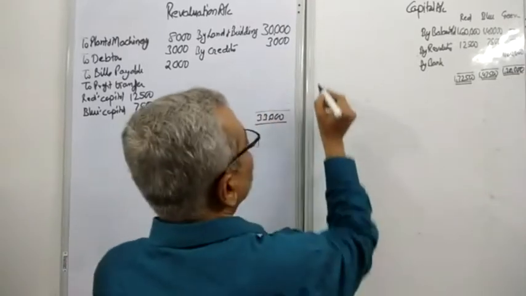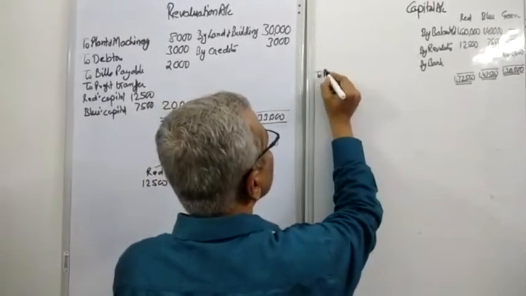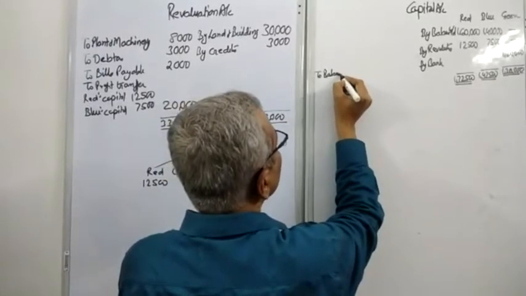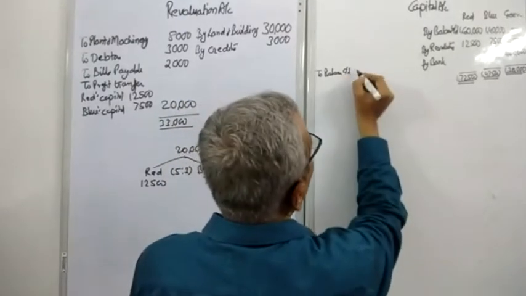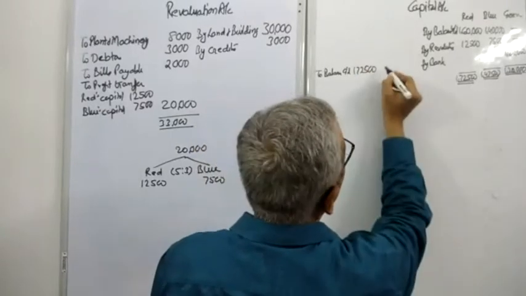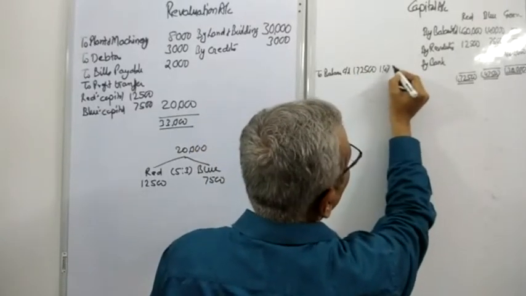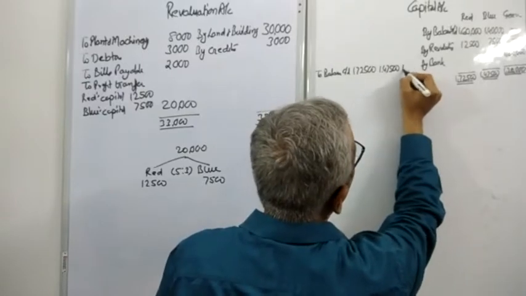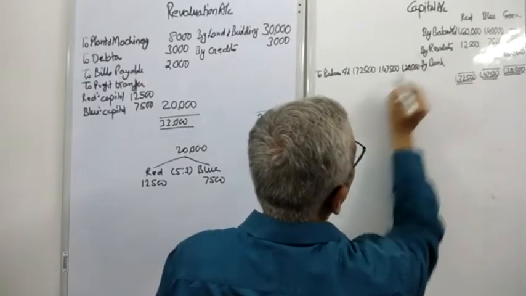So let us go to the debit side and write to balance carried down, 1,72,500 for the first partner, which is red, 1,47,500 for the second partner, and 1,20,000 for the third partner.